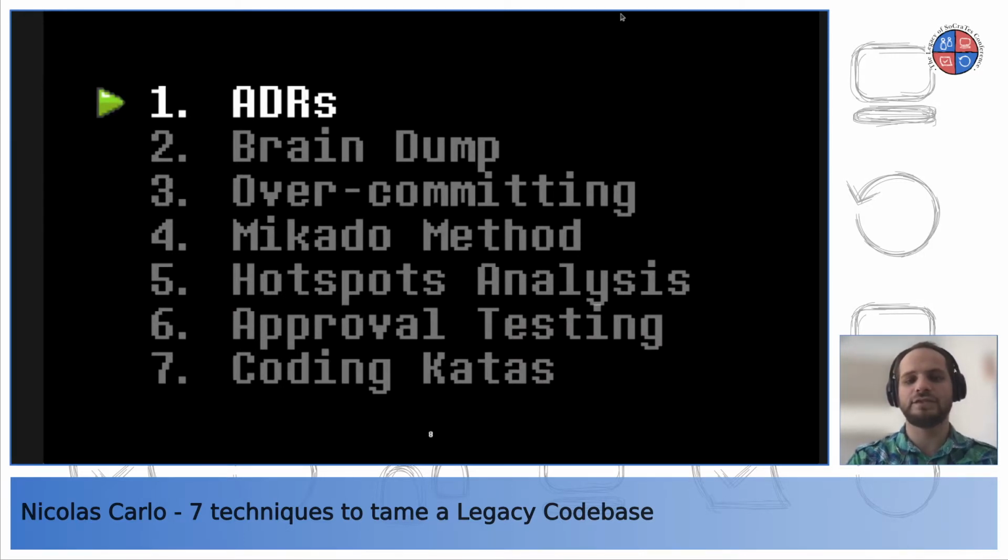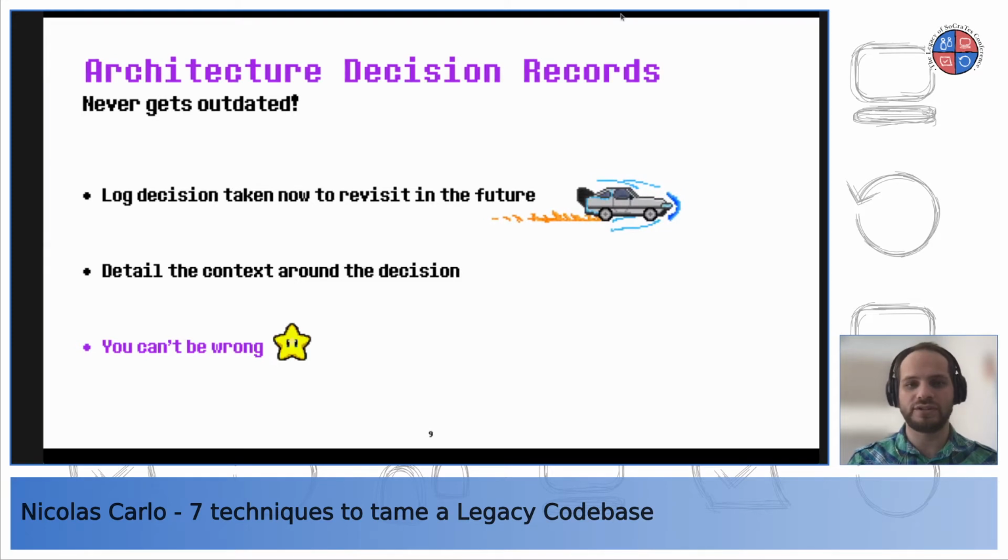Let's dive into the first one, which is called ADRs. ADR stands for Architecture Decision Records, and it's the kind of documentation that doesn't suck. Documentation is hard usually because it gets out of date. ADRs, they don't get out of date. This is because the spirit is different. You don't aim to document how the system is working, and that should be evergreen.